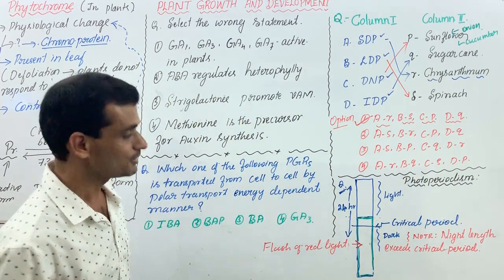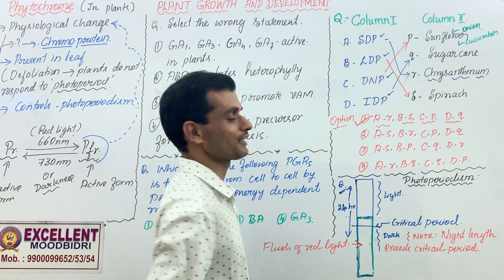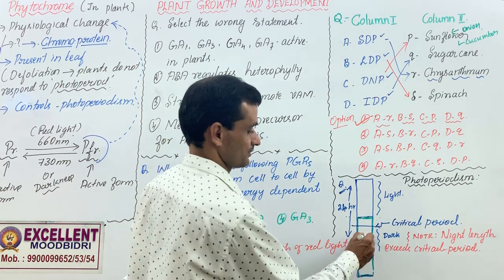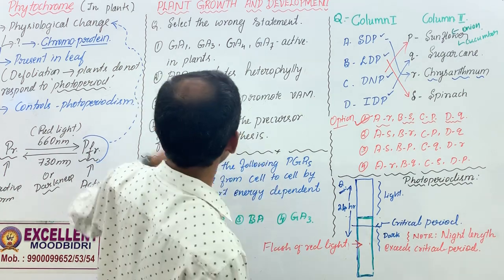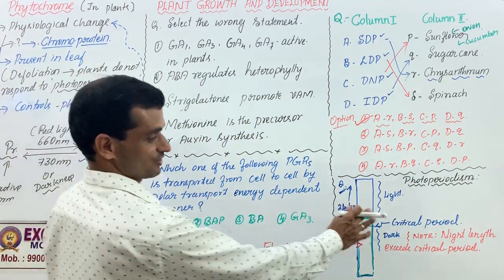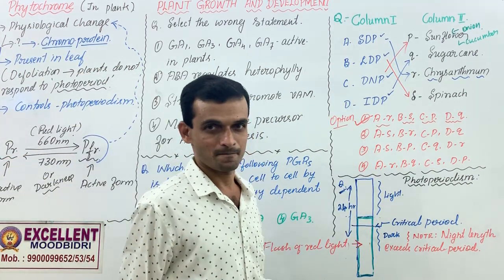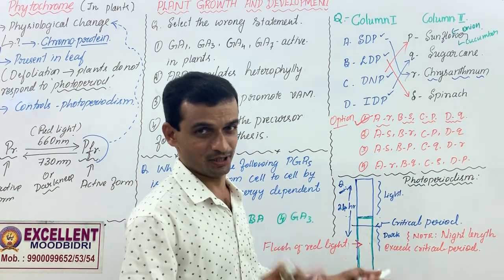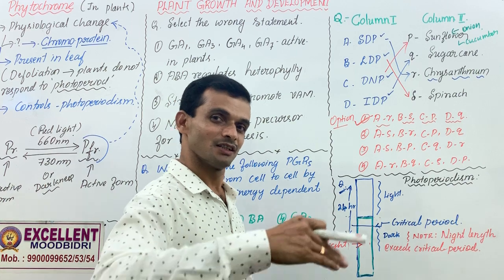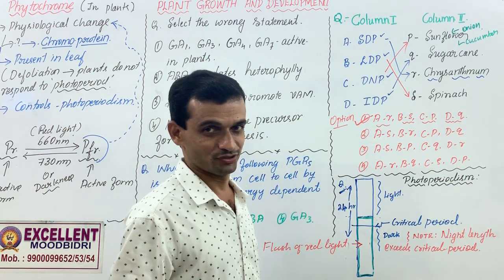It means when the night length is less than critical period, then long day plant is going to produce flower, which is controlled by phytochrome changes in the plant body. Normal meristem turns into a floral meristem. It slowly becomes inflorescence, right?